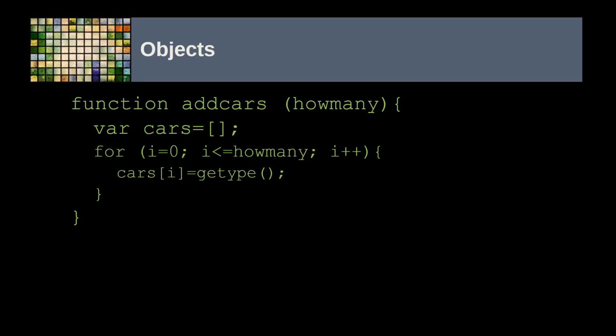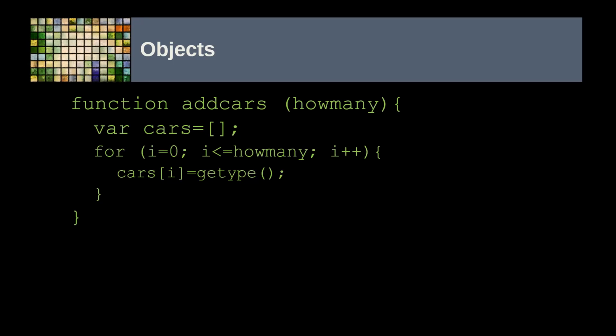Then the next for loop there is going to initialize that array, basically put values into the different containers within cars. For each index i, see cars, and then in square brackets i, we're going to call a function, and that function will presumably return some sort of value.